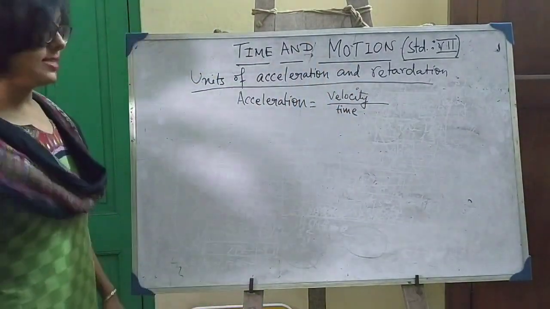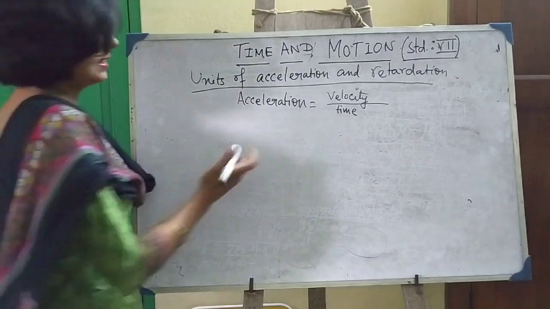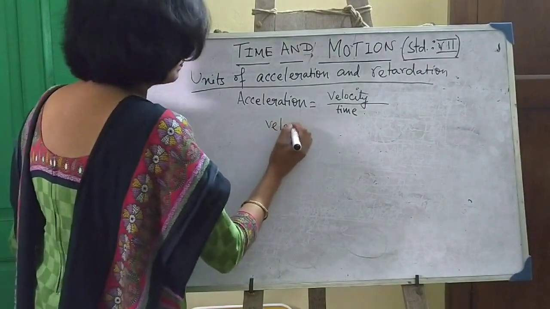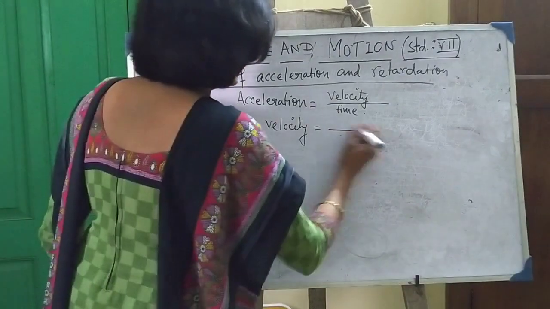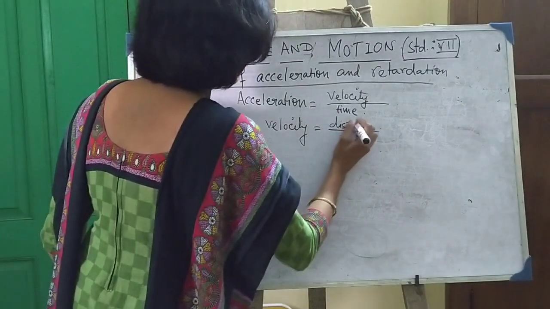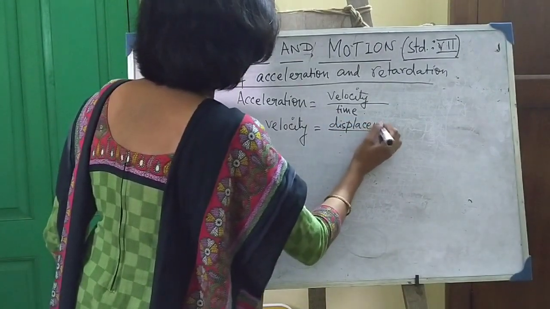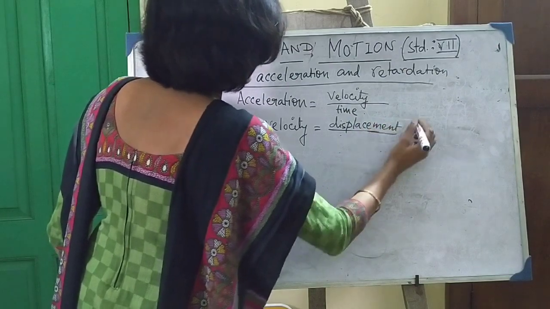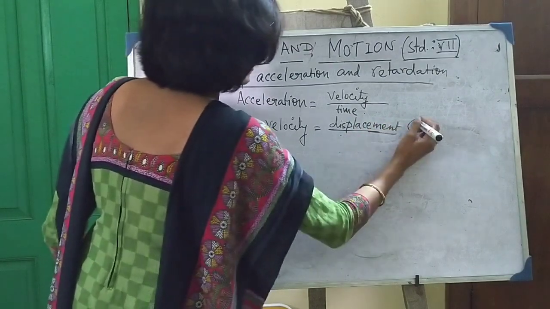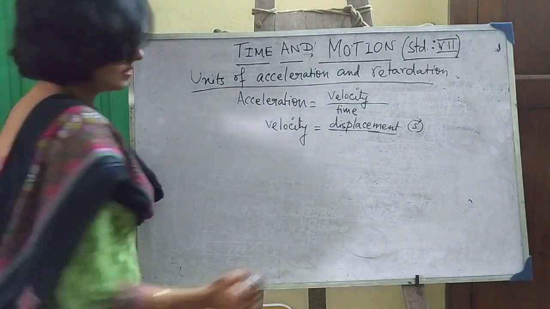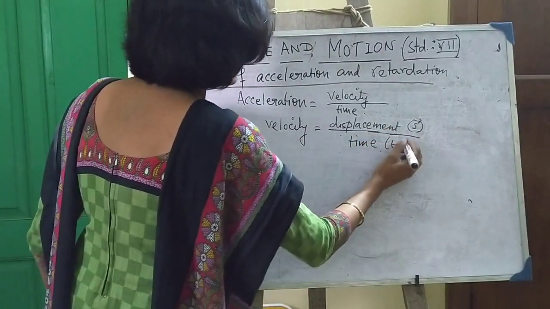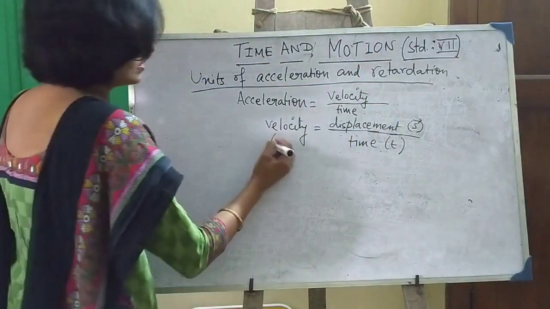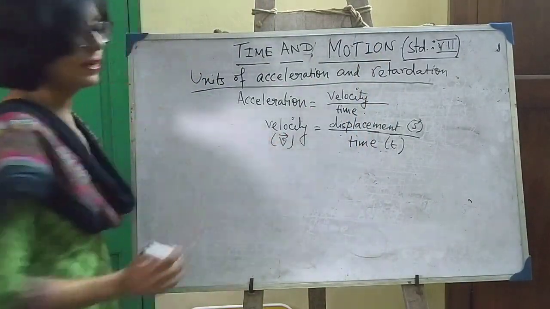We had already done in our previous class that velocity is defined as the displacement s, with a vector sign, by time t. Velocity is a vector quantity, small v with a vector sign.